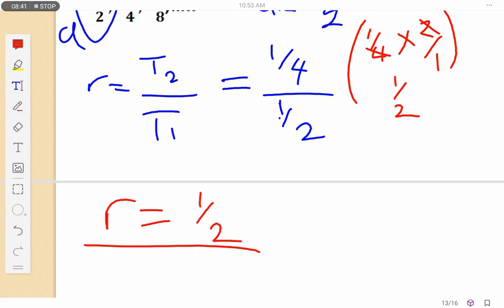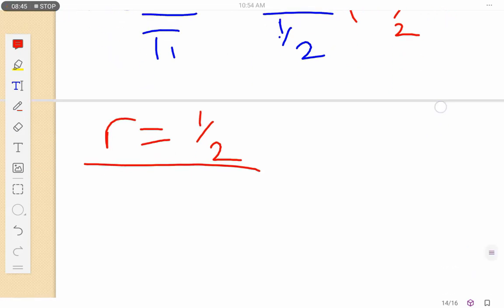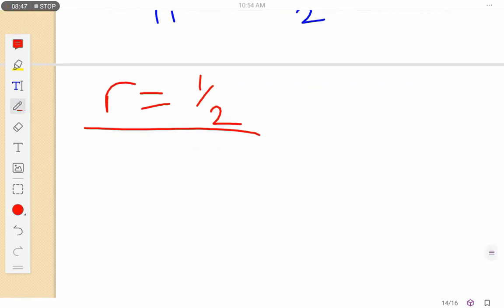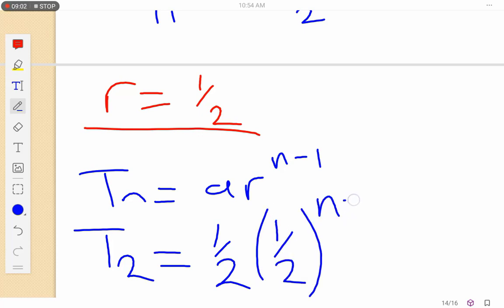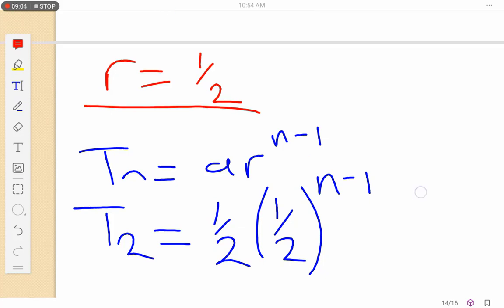Let's go on and use our nth term equation. Our nth term equation says Tn is equal to A R to the power of n minus 1. So it's Tn, our A is half, our R is also half to the power of n minus 1.